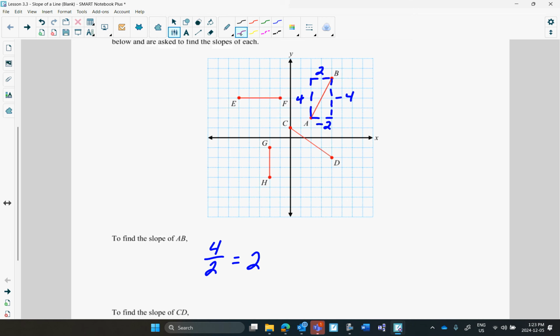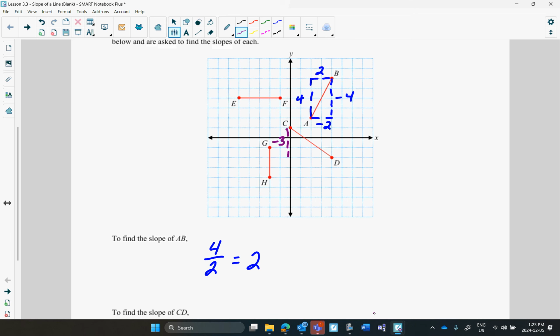How about C to D? Slope from C to D. Well, how much do I rise? Tell me how much? Tell me whether it's positive or negative. 3 negative. Because I'm moving down. I'm here.